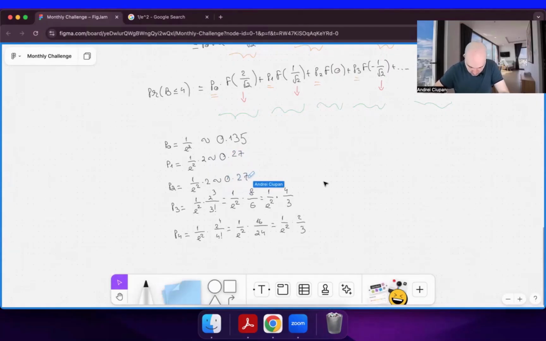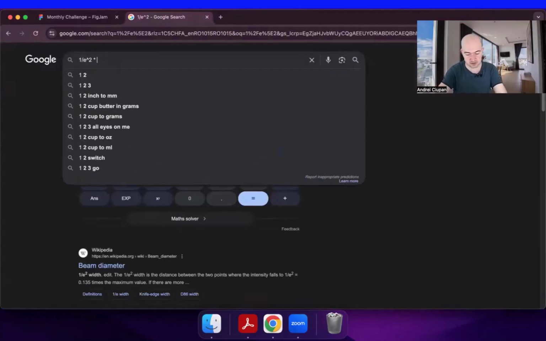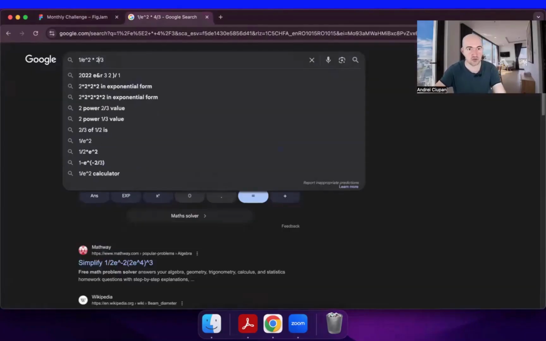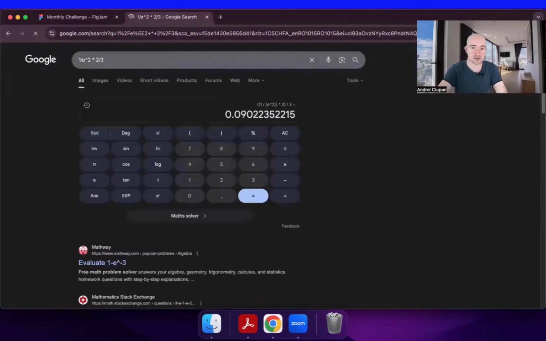This one, 0.135 times 4 over 3, is 0.18. It's bigger than 0.18. And finally, P4, 1 over e squared times 2 over 3. Is this correct? Yes. This is going to be at least 0.09.